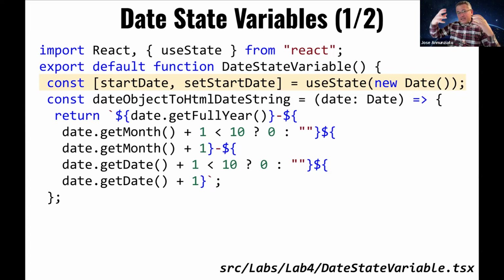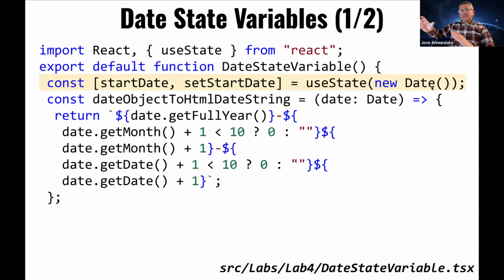And so it's a data structure that has predefined properties that we can read individually, we can set individually, that represent a particular time in history.